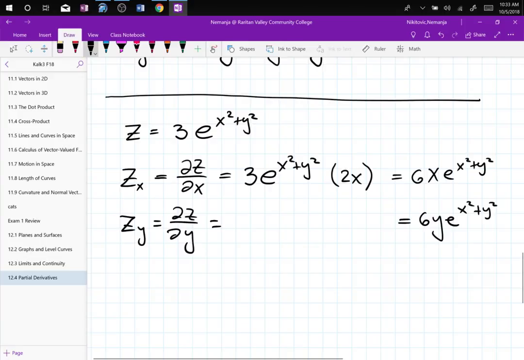So the property of symmetric functions regarding partial derivatives, and they will talk about that in the book, is that if the function is symmetric, then you can quickly write the other derivative. Now, why is that important?